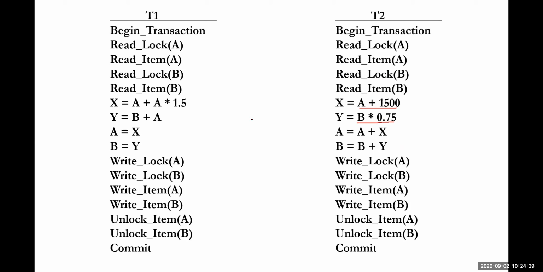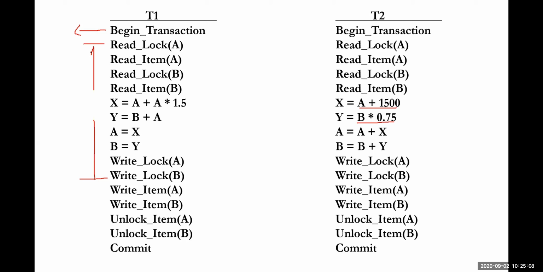Now let us examine which statements are under the growing phase and which are under the shrinking phase. This is the start of your transaction. From this place to this place, it is called the growing phase.